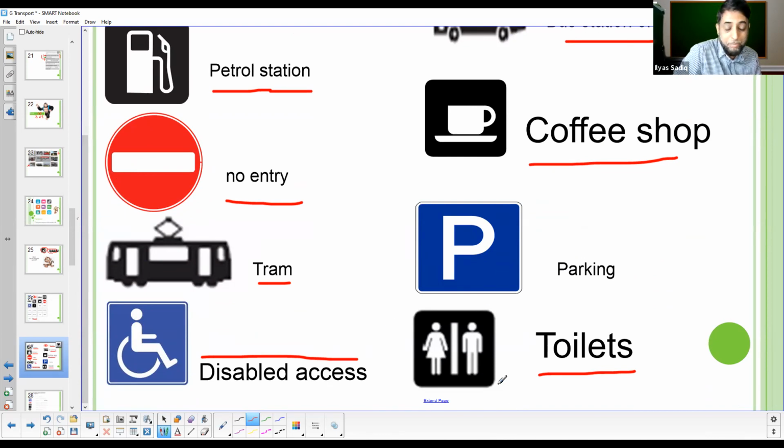This means toilets for men and women, for both.